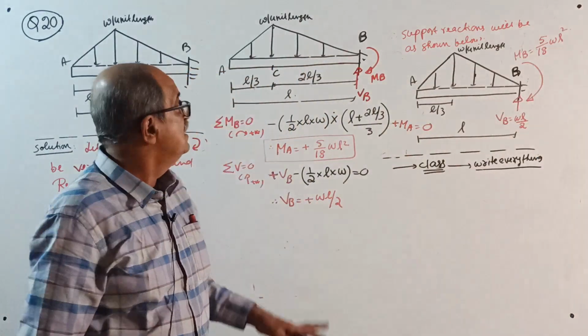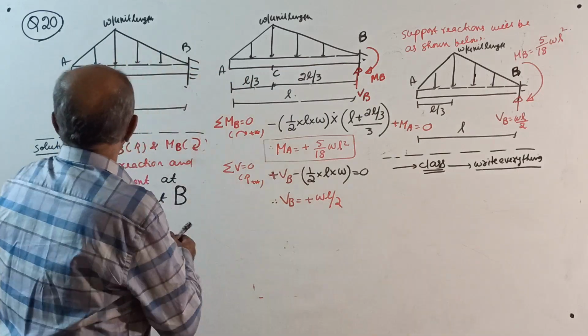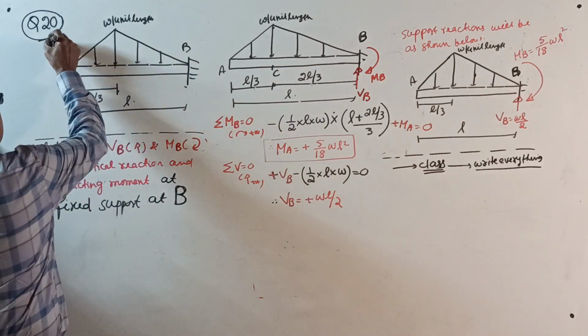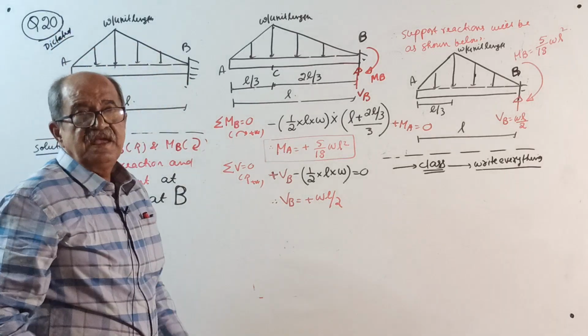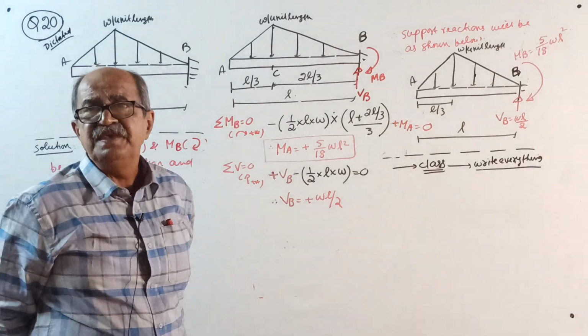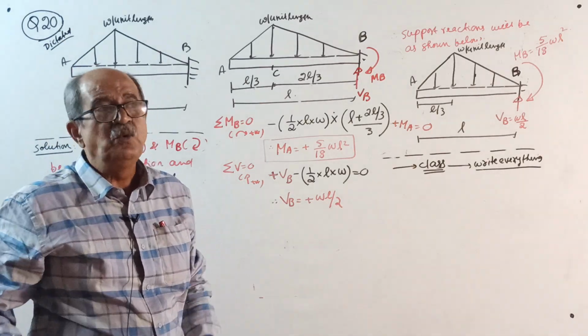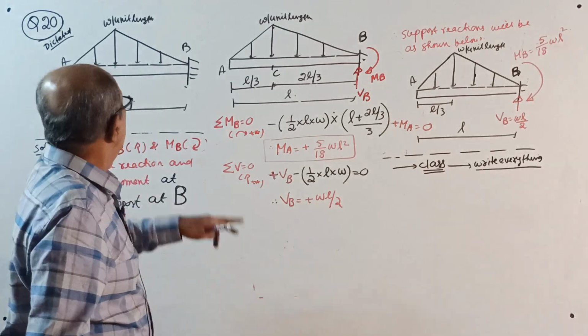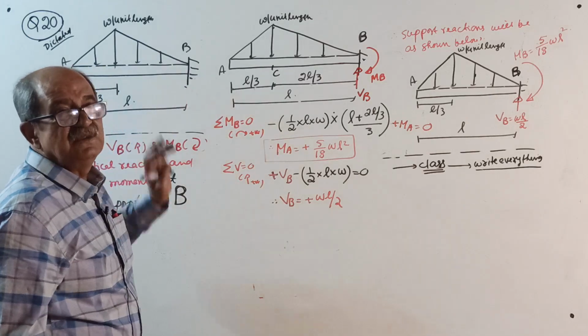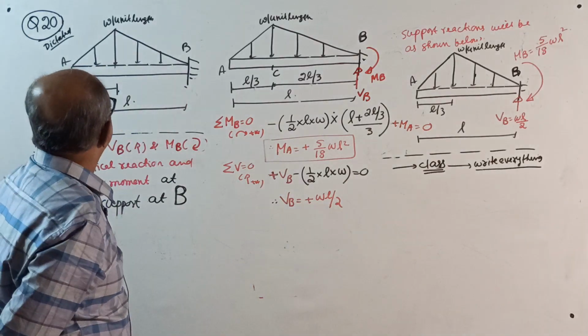Next question number 20. I am dictating, but you should see correctly what I am telling. See, you should write the question. A cantilever beam of length L, this time I am telling you, is fixed at the right end. First time in the class I am telling fixed at the right end. Now, next.